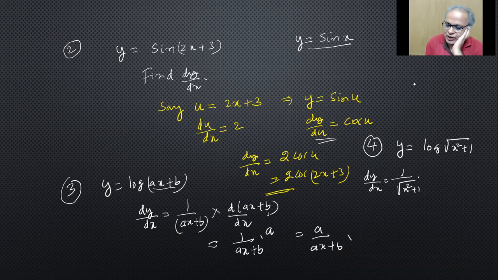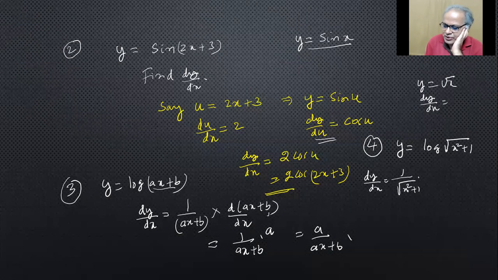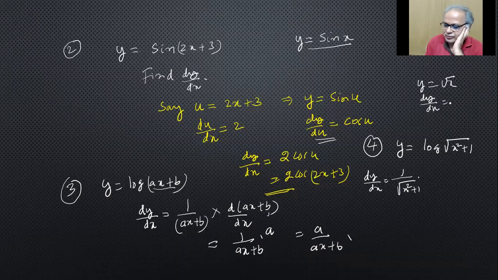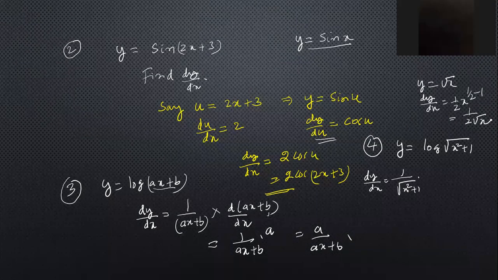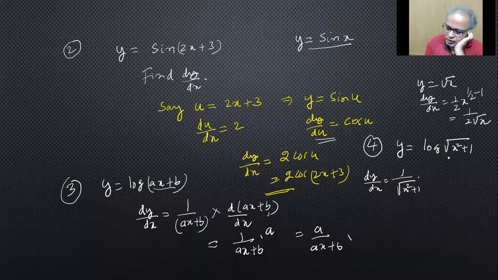So the root function's derivative: if y equals root x, what did I write for dy by dx, if you remember? The root function is the x to the power n function. Half x to the power half minus 1, did we write? So now this function's derivative, if I think this is v, the whole thing was u, that's why 1 by u came.